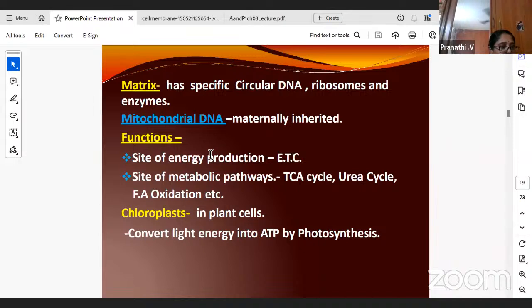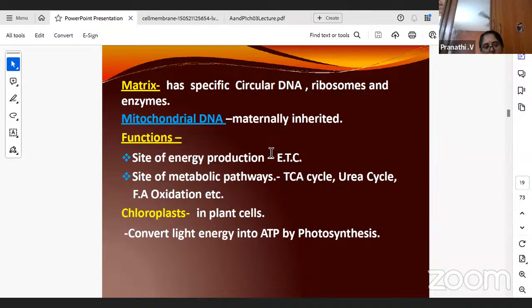So it is again going to affect wherever there is mitochondria, so no organ is exempted. Examples are mitochondrial encephalopathy, then Leigh disease, different kinds of epilepsy, then Leber hereditary optic neuropathy, so there's a problem in the eyes. All of these are mitochondrial diseases, and they are maternally inherited through the mother only.